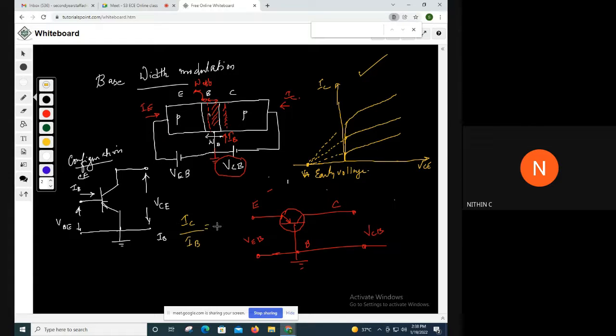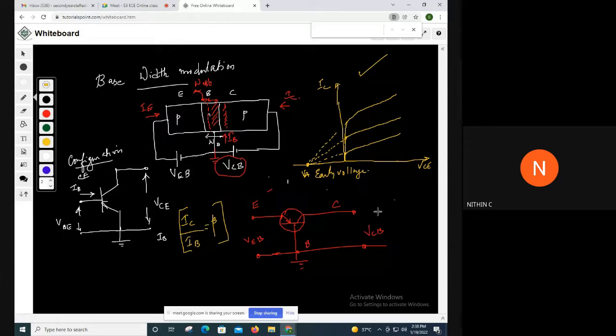This is called the current gain in common emitter configuration, which is represented as beta.